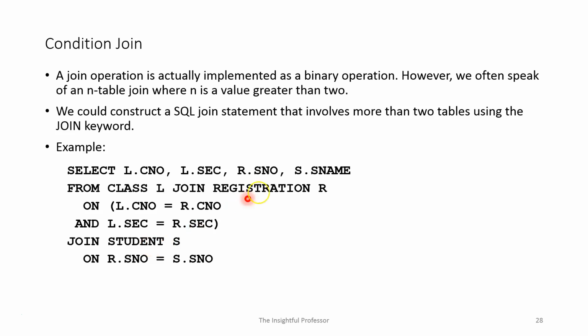Can I relate student to registration? Yeah, I can do that because a registration row reflects an event for registration, which includes class identification and student identification. So I'm then going to join student to R, which is registration.sno, equal S, which I've given as my alias for student.sno. And if I add another table, I could say join this other table on, and then relate it to any of the three tables that I've already seen.